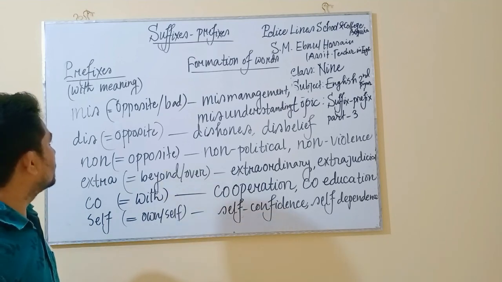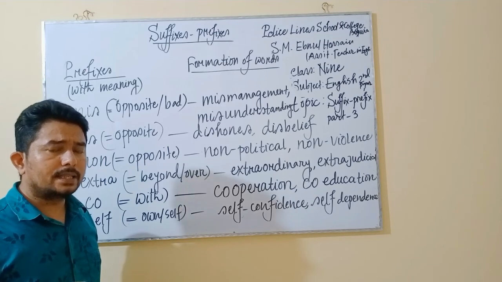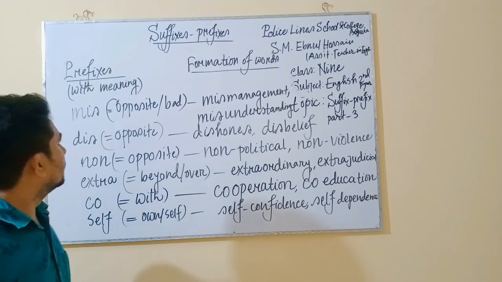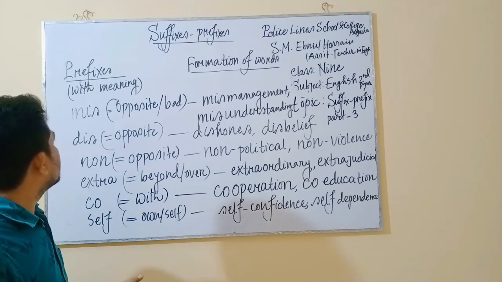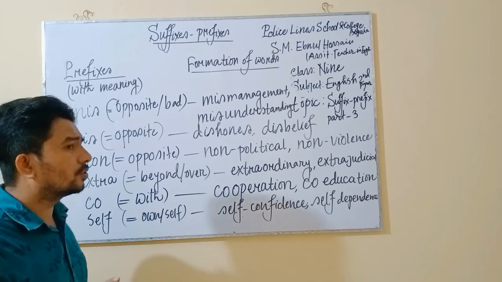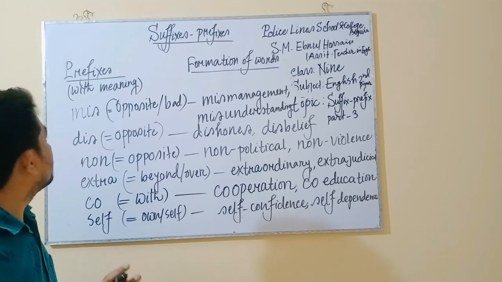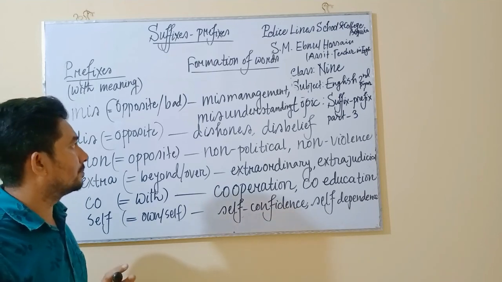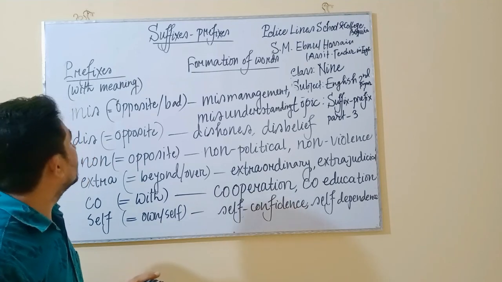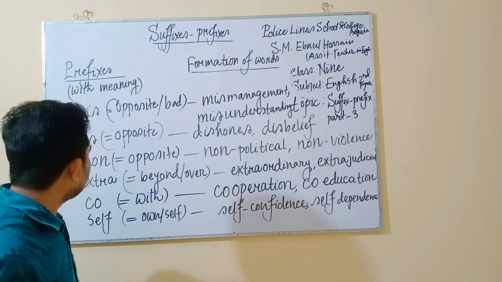MIS, almost most of the prefixes give the meaning of opposite sense. So we can say that the prefix MIS gives the meaning opposite or bad. Mismanagement: the root word is management, and we add the prefix MIS. Understand, and we add the prefix MIS, that is misunderstanding.